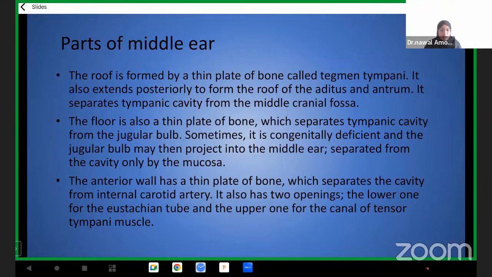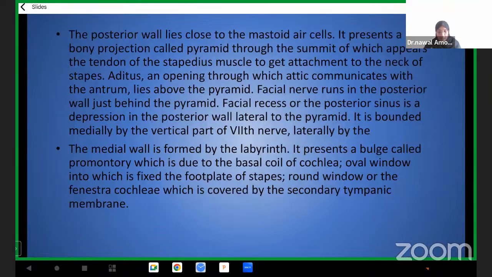Then we have the parts of the middle ear. In the exam, it is very important that you mention it in this form: the roof and floor, up and down, then the anterior wall, a posterior wall, and a medial wall. So it's like a box.